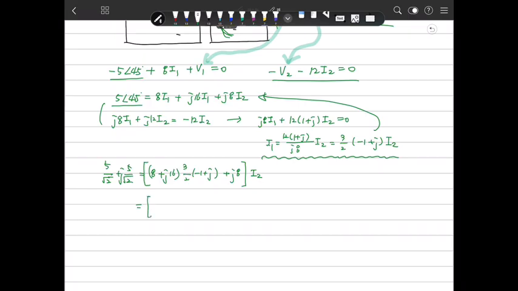So there will be from here, this is 8, 4 is 12, 1 plus J16 minus 1 plus J plus J8. I'm sorry, it's wrong. It's not 16.